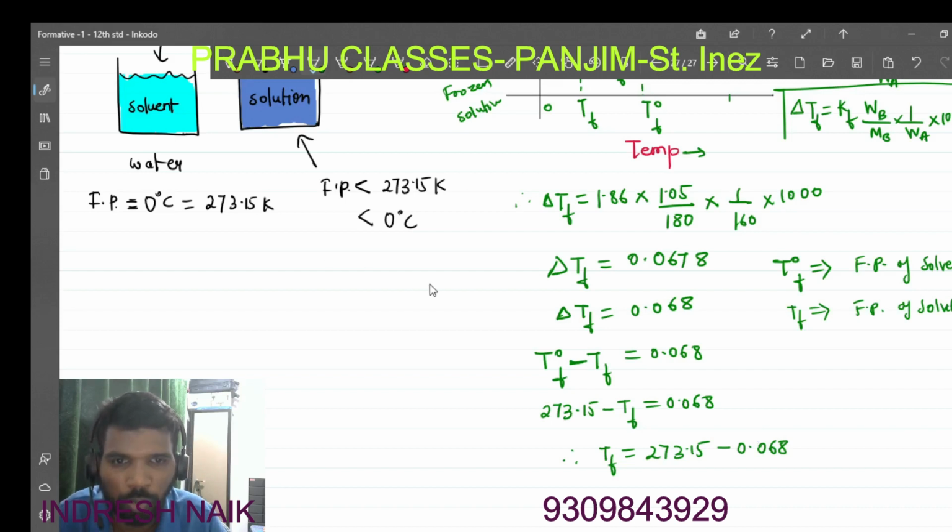So the answer comes to the freezing point of the solution being 273.082. Earlier it was freezing at 273.15 Kelvin; it has decreased to 273.082. So that's what the depression in the freezing point is.